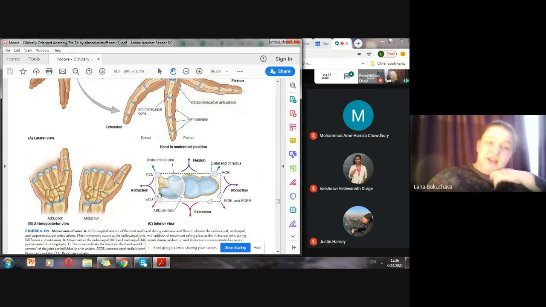From the other side, you have the extensors here, as you can see. So extensor carpi ulnaris, and here we have two of them: extensor carpi radialis longus and extensor carpi radialis brevis. That's why you have ECRL and ECRB. So as a result, what they do here, you see, yes, they make the flexion, and yes, they have the extension.